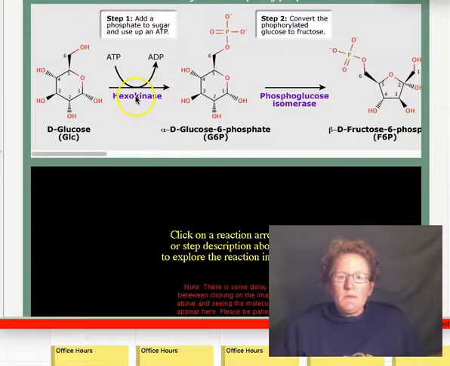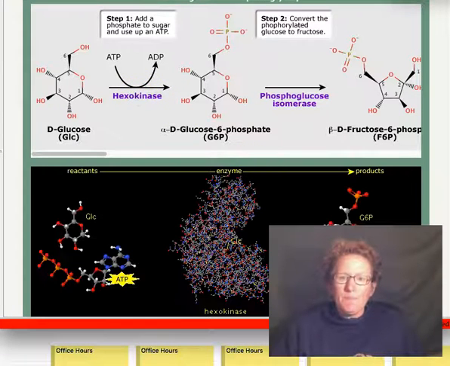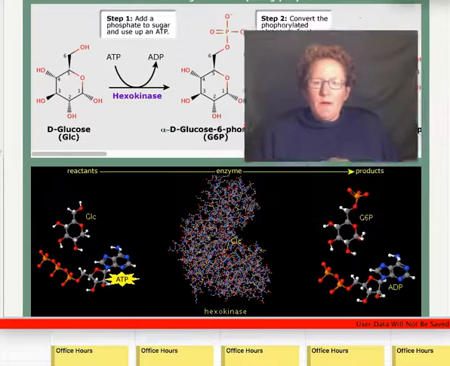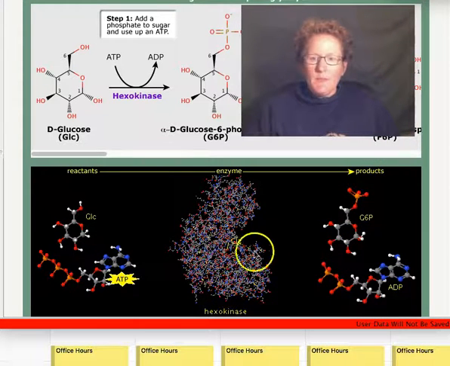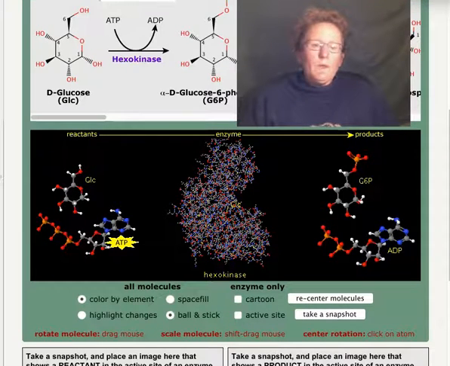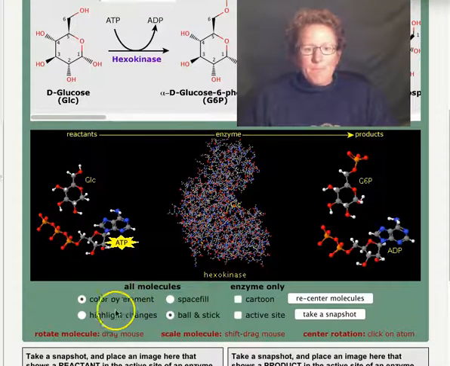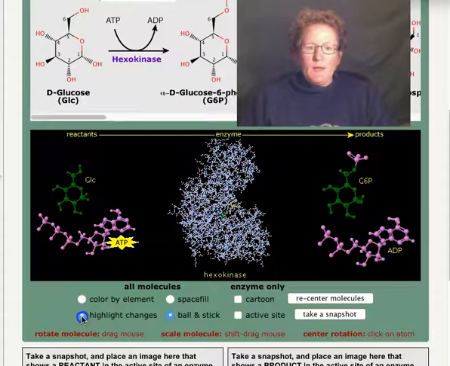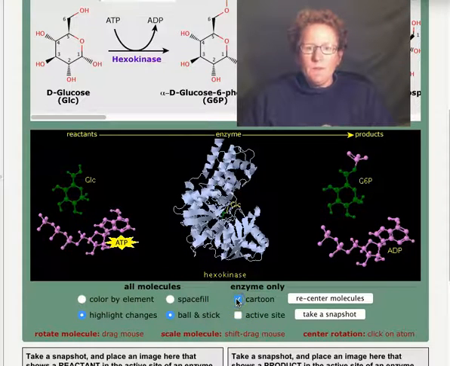Let's click on one of these reaction arrows and look at some of these enzymes. They're pretty cool. We can manipulate our view of the enzyme by saying highlight changes, and we can do cartoon.